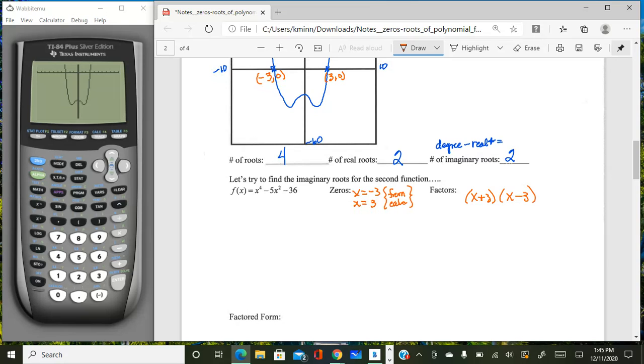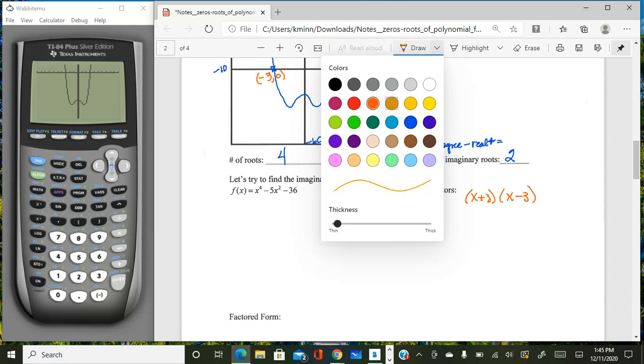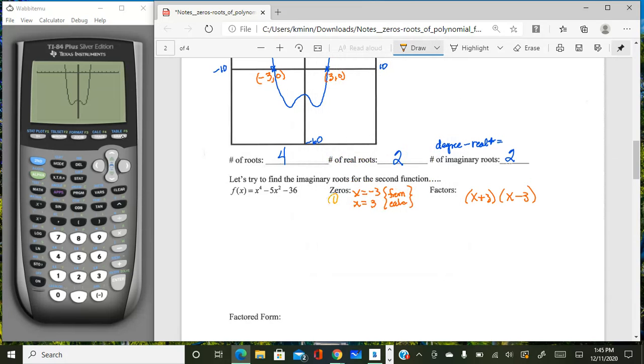From your calculator, which is your first step, you're getting your zeros. Your second step is to use synthetic division. Right, so step 1, we're going to get this from our calculator. Put that right there. Step 2, we are going to use synthetic division.